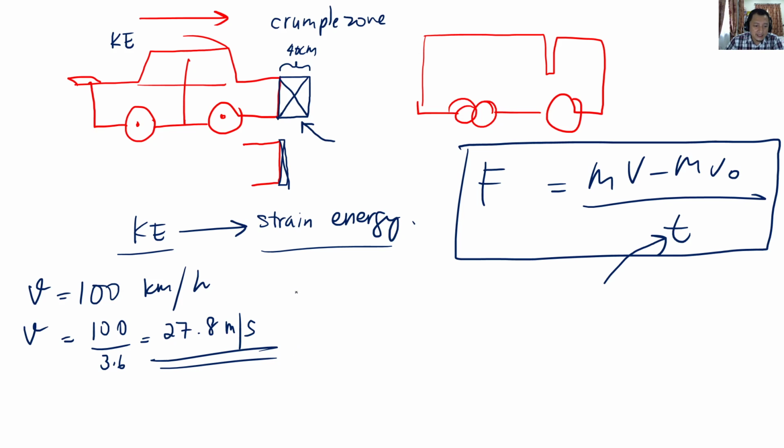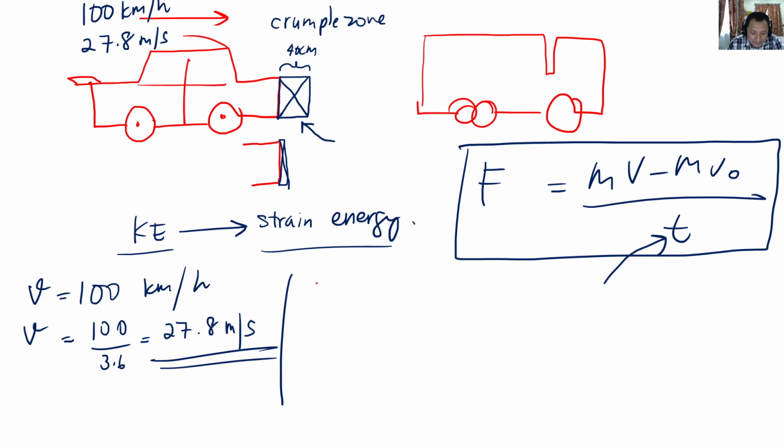Okay, by worst case scenario, this car which is traveling at 100 kilometer per hour, or 27.8 meter per second, does not brake at all. So you can already calculate the impact time.